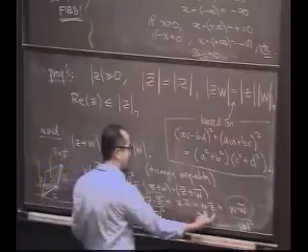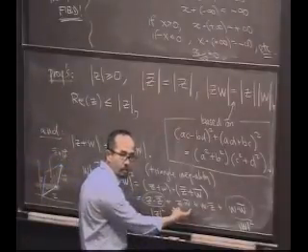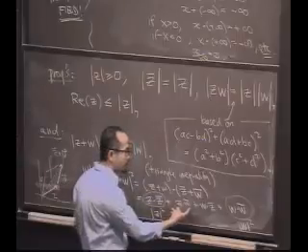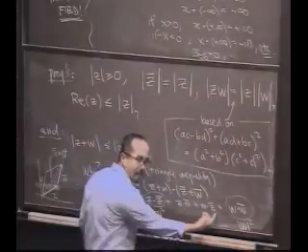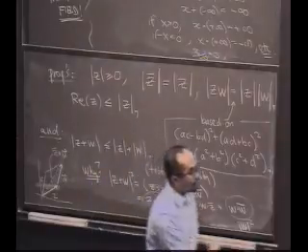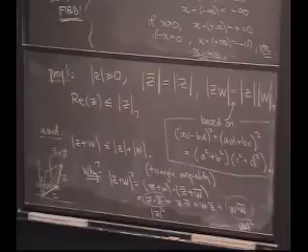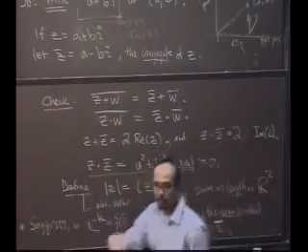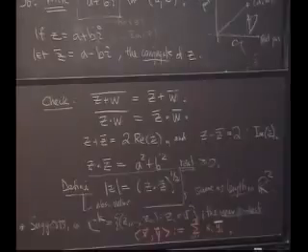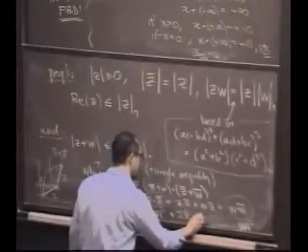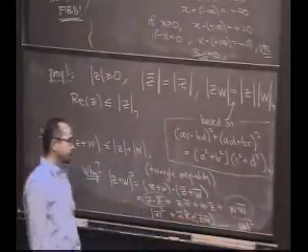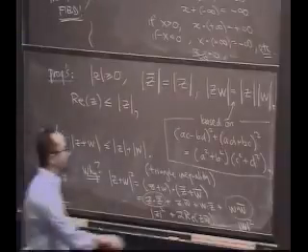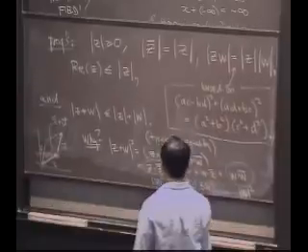And what's this stuff? Well, check this out. This is just the conjugate of this, right? And if I add two conjugates, what do I get? The real part of one of them, or the other, either one, right? Twice the real part. Oh, but wait, what's that? That's twice the real part of z w bar, right?